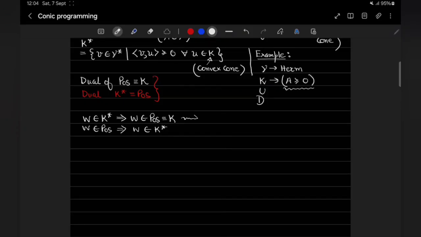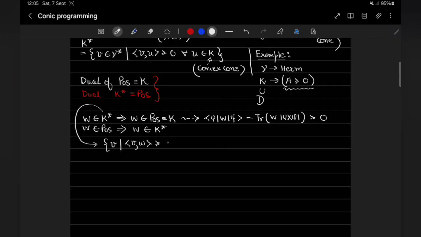So let's prove the first side. If W belongs to K star, this means that psi W psi is equal to trace of W times psi psi, which is greater than or equal to 0, particularly because W belongs to K star. And what is K star? Let's remind ourselves. K star is the set of all vectors V such that the inner product of V with W is greater than or equal to 0 for W greater than or equal to 0.